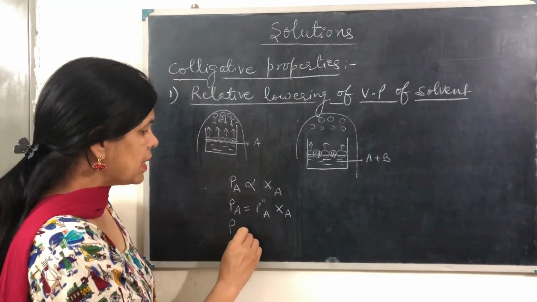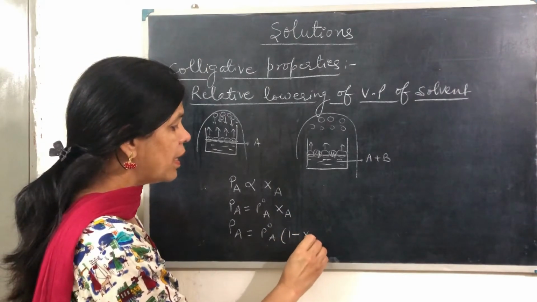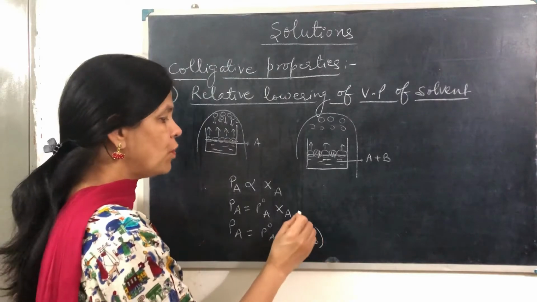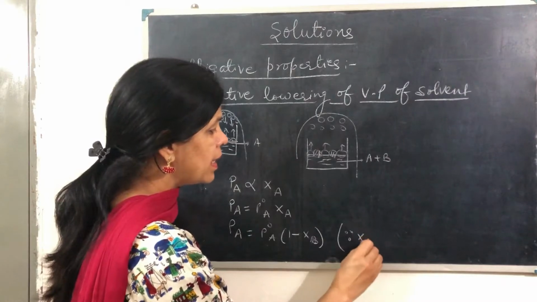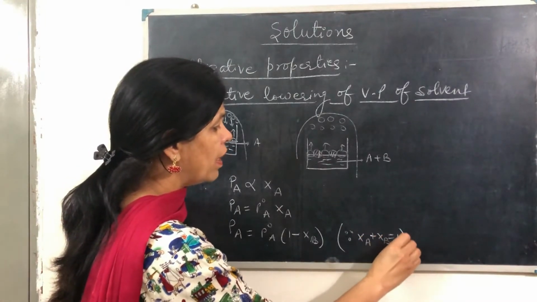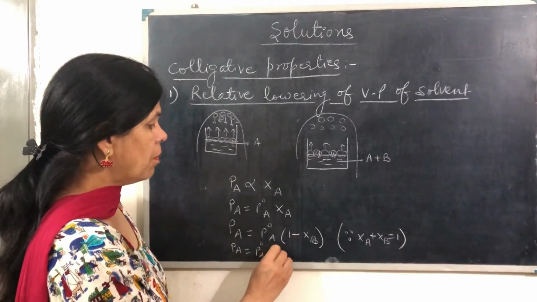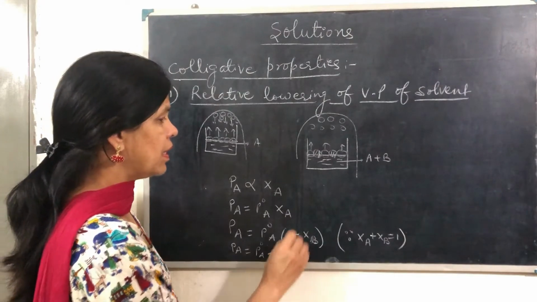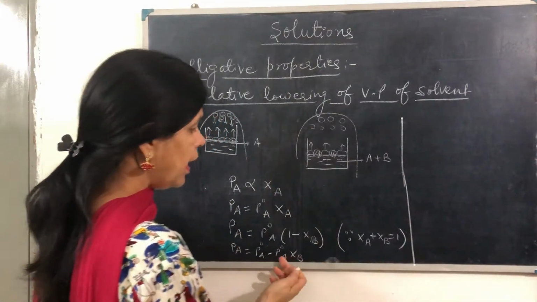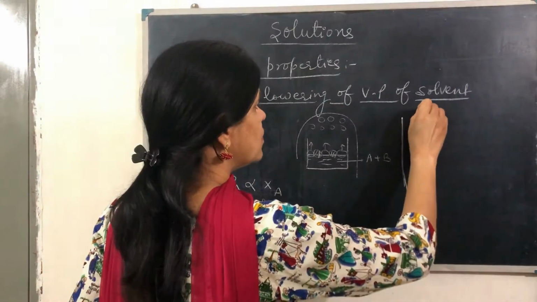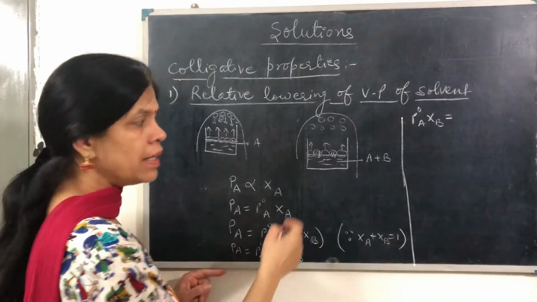I can write this as PA is equal to P naught A, and XA can be written as 1 minus XB, because we know that XA plus XB is equal to 1. So I can say PA is equal to P naught A minus P naught A XB. I can further write it as, taking this quantity on this side, P naught A XB is equal to P naught A minus PA.